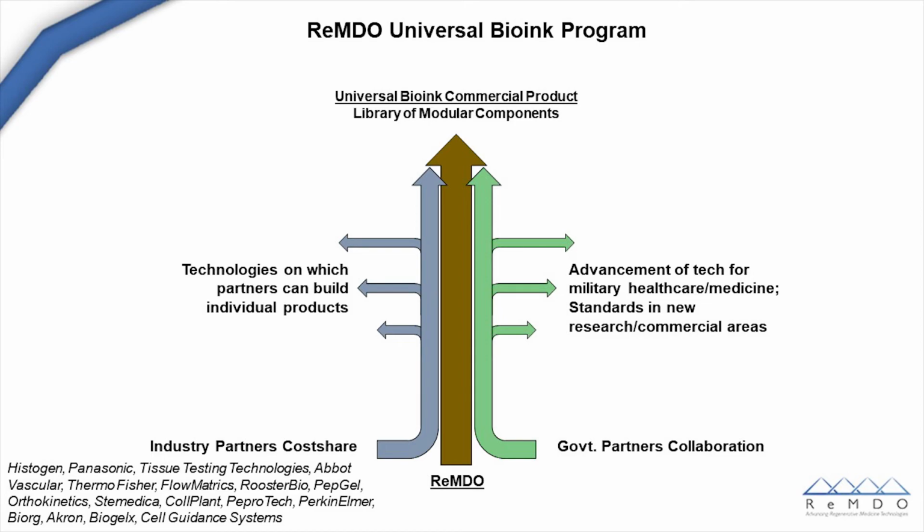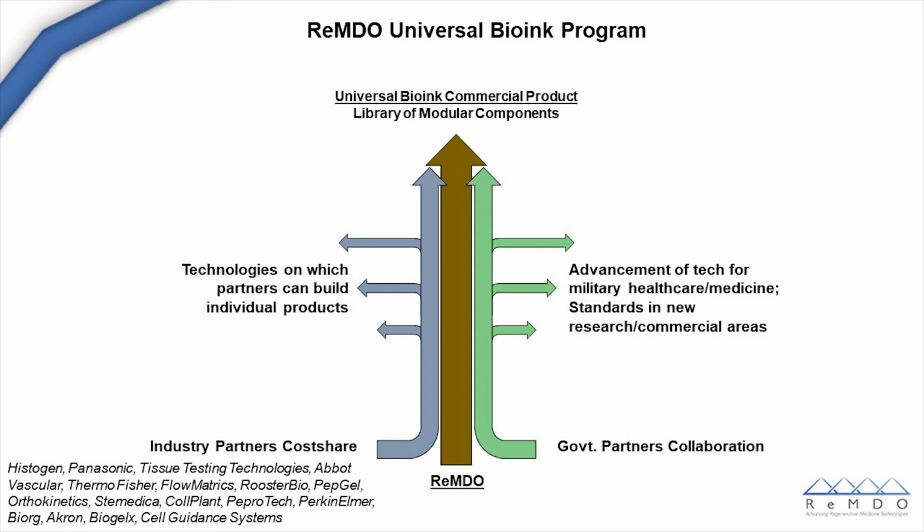And so this universal bioink program consists of multiple stakeholders. We have industry partners that support this program with cost share, giving their time, maybe materials, equipment. We also have government partners, collaborations in advancing this platform technology.